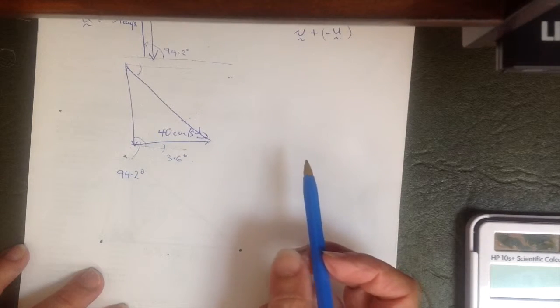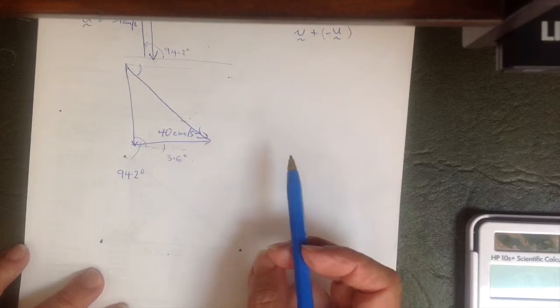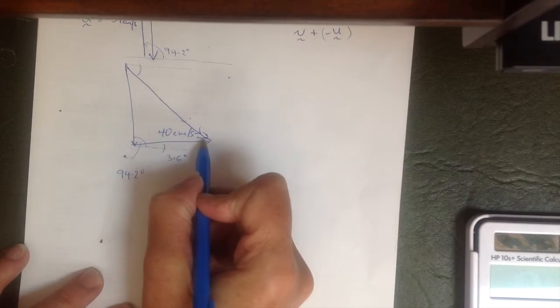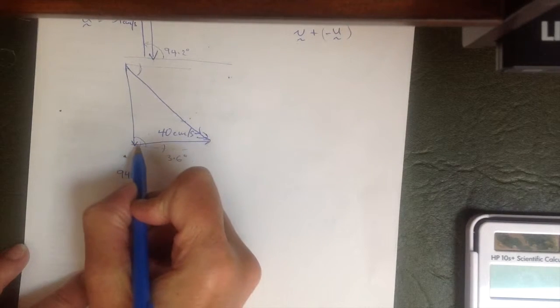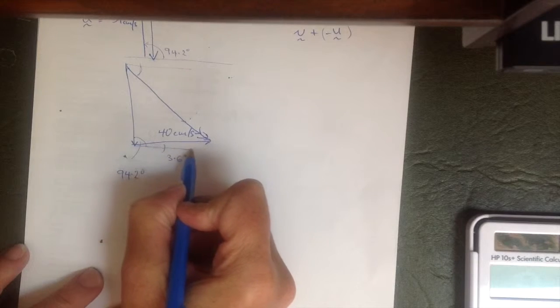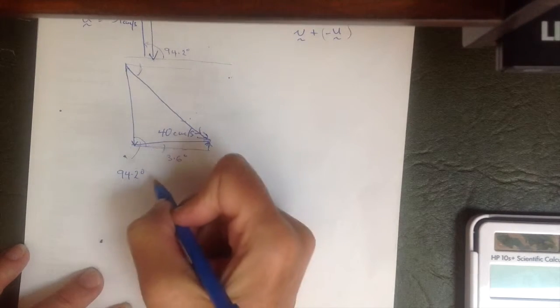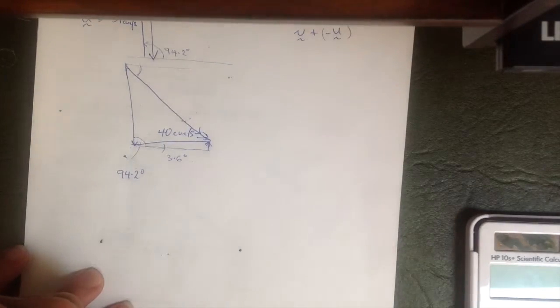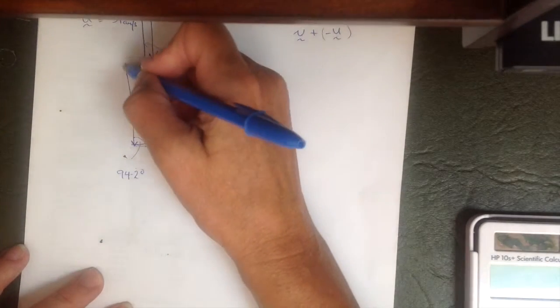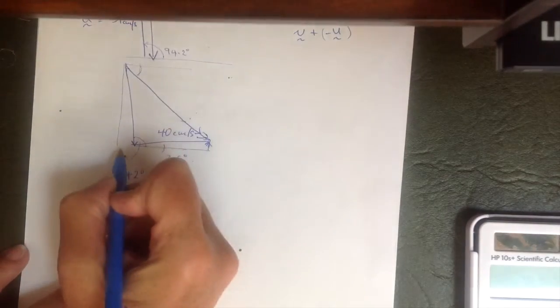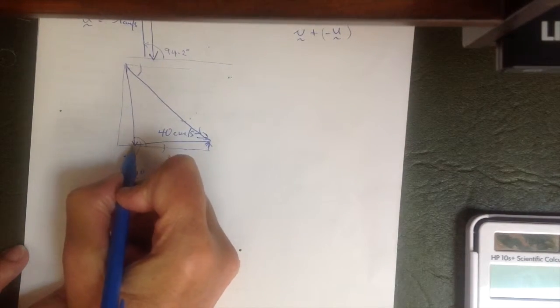So we're going to have two trig problems to solve, and I'm sorry about that, but that really is the only way that we can do it. So remembering that this vector here is actually made up of two vectors, one vector that's going to go along here and straight up like that, and that this vector here is also made up of two vectors, one that's going to come straight down like that and across like that.